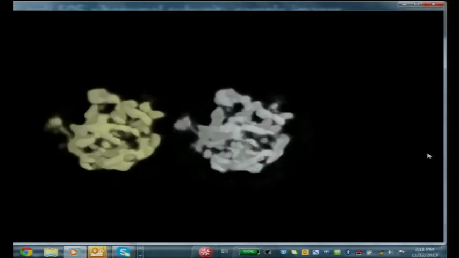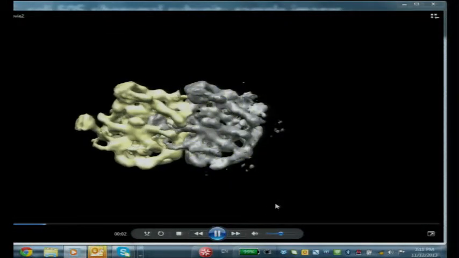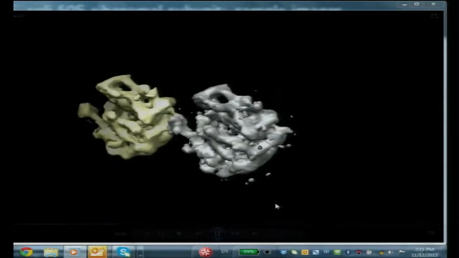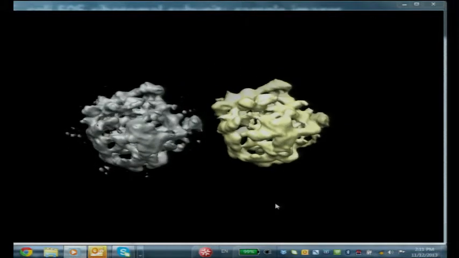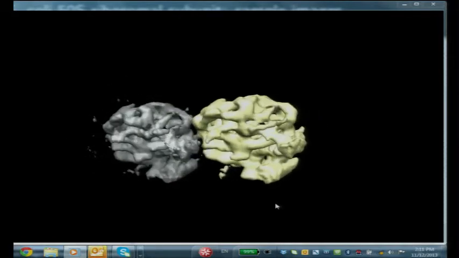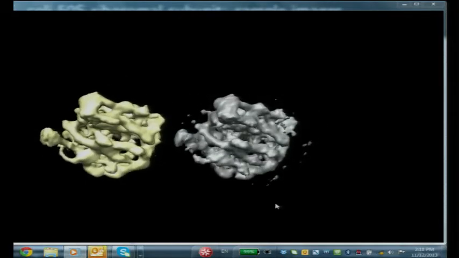I show you this at a low resolution so that you can see the features in the molecule. The white is our reconstruction from the same experimental 20,000 something noisy images that I showed you before. So the signal is there, and as you can see, there is a nice resemblance between the white structure and the yellow structure.